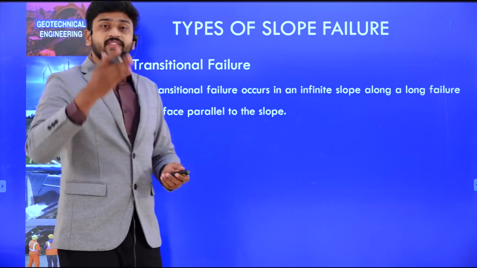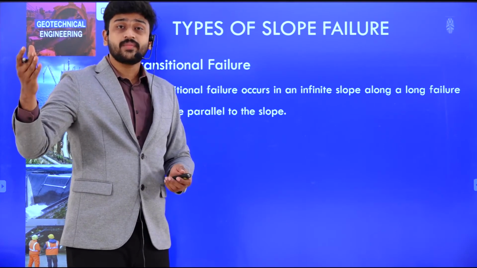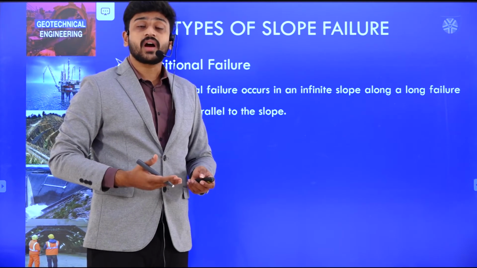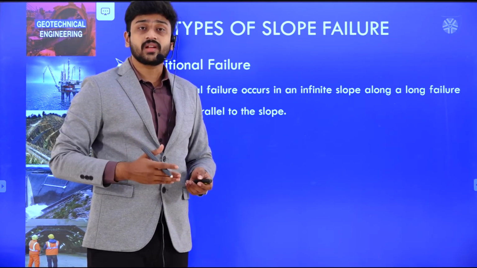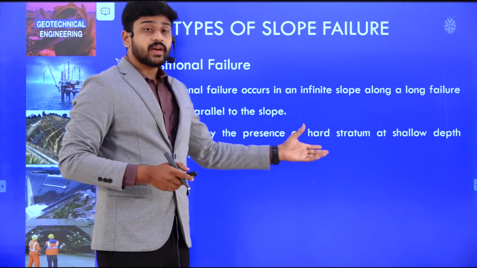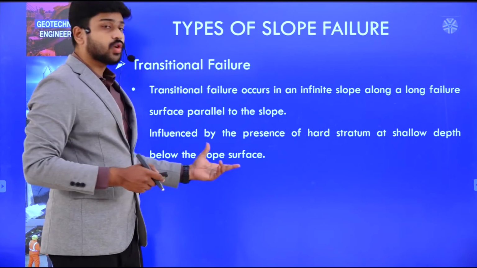That means if there is any infinite slope and parallel to it there is another plane, a larger failure may occur. It is generally influenced by the presence of a hard stratum at a shallow depth below the sloping surface.